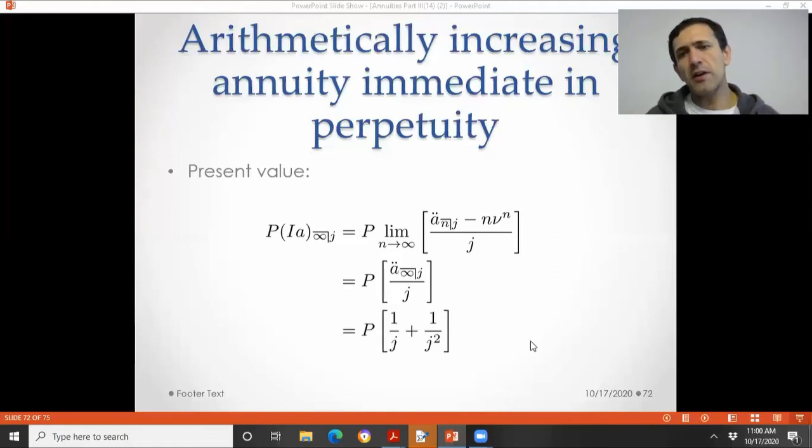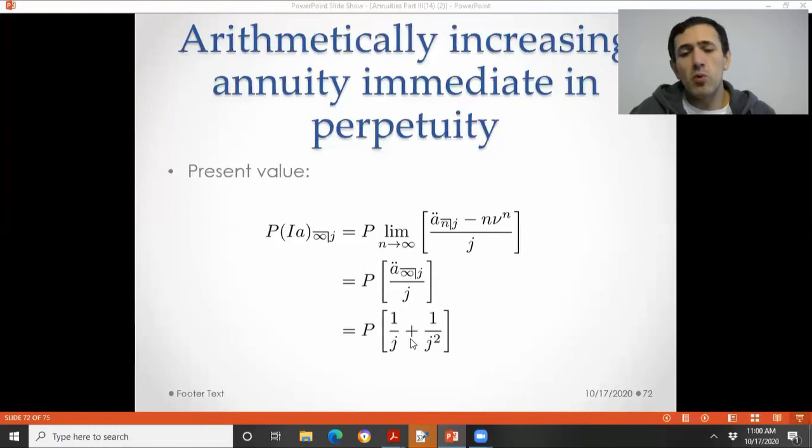You really won't need to take the present value of an annuity due that's arithmetically increasing in perpetuity, though. As always, you can just multiply by 1 plus j here to get the present value of an annuity due that increases arithmetically in perpetuity.